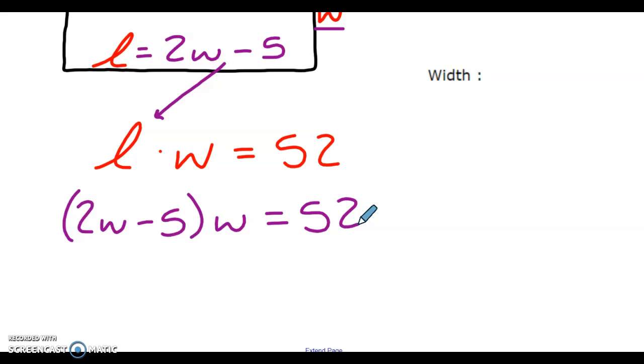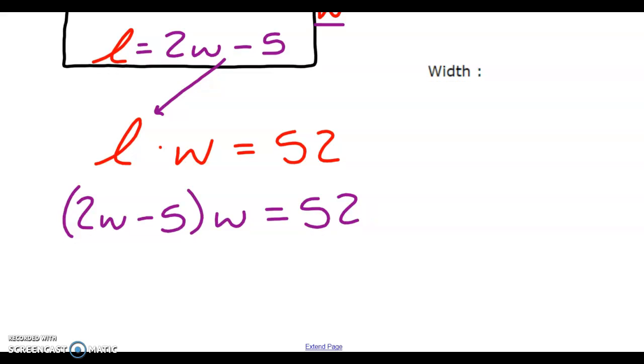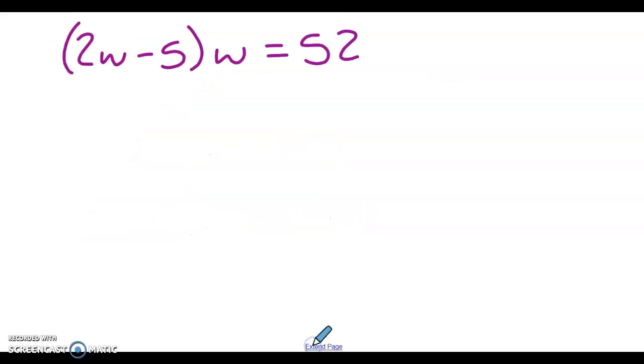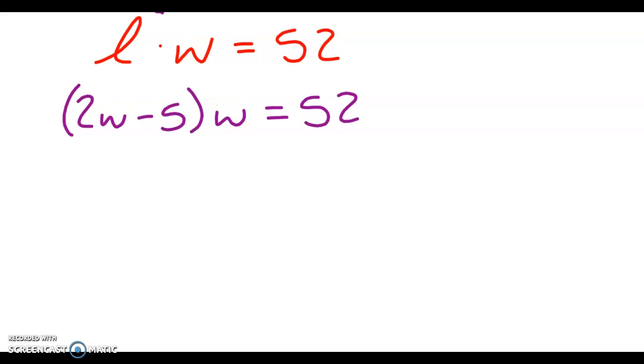So what we're looking at right now is a situation where, similar to yesterday, we need to get this expression into a standard form, or at least expand it a little bit, distribute this W into that grouping, so that we can then break this all apart and get to the place where we can either solve or need to factor.